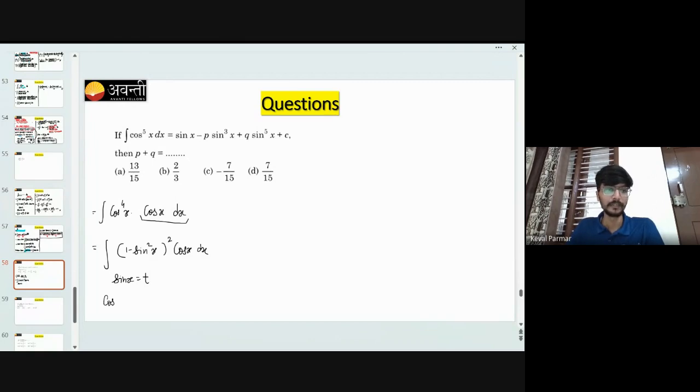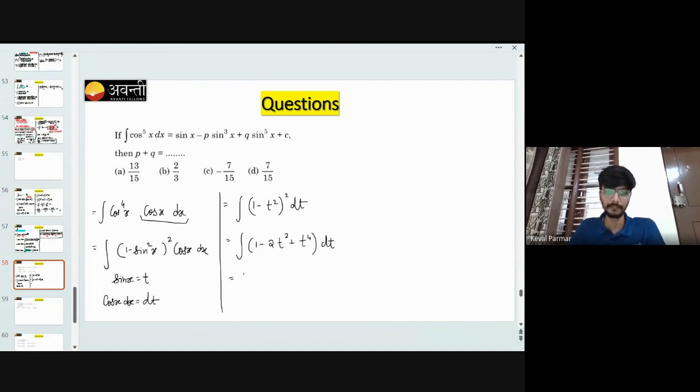So now I'll put sin x equals t. That means cos x dx will be equal to dt. So now my integral will become 1 minus t square, the whole square dt. If I open the bracket, I'll get a square minus 2ab plus b square dt. The integration is very simple.